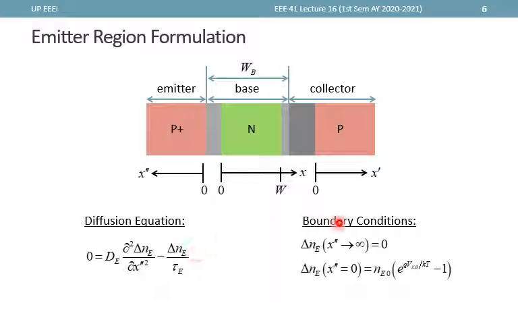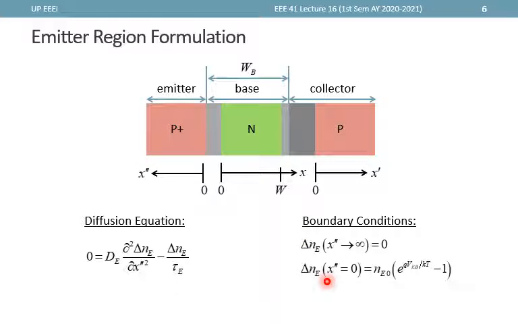Our boundary condition is that the excess electrons, or minority electrons, at the emitter side far from the junction, x prime approaches infinity, is 0. This assumes that the emitter is long enough such that the excess electrons die down.